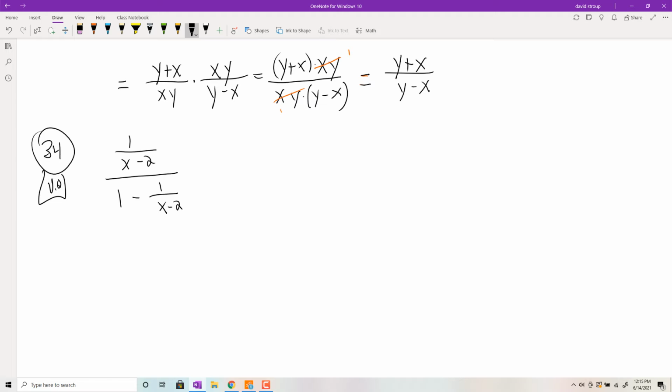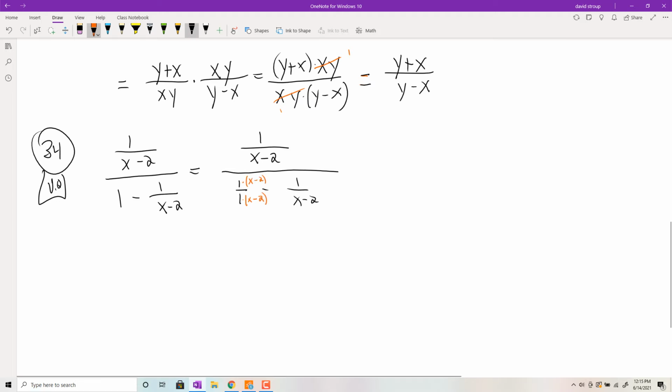Okay. And the numerator, I'm kind of done. There's not much to do there. It's already one fraction. The denominator, though, I need to rewrite it. So the number 1 you can think of as 1 over 1, and then minus 1 over x minus 2. Then I can get my common denominator, so I can multiply the denominator of this guy by x minus 2, and then the numerator, again, by x minus 2.